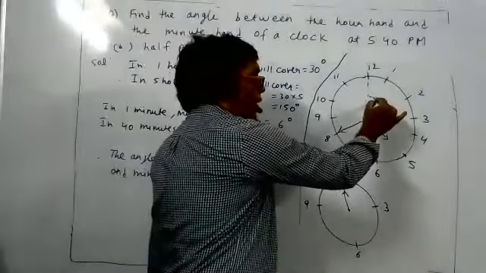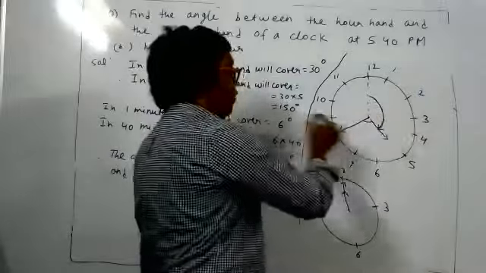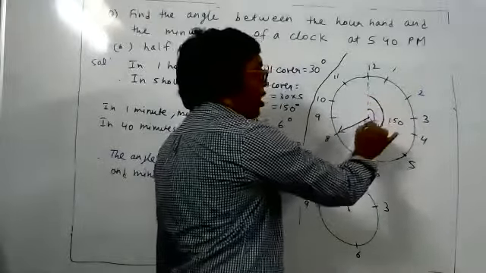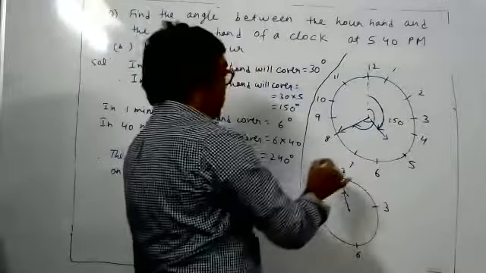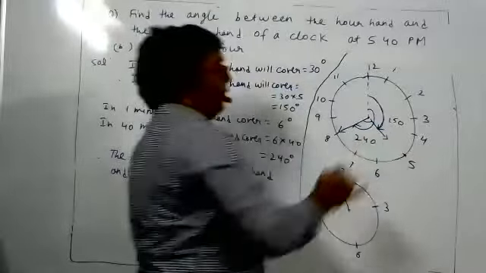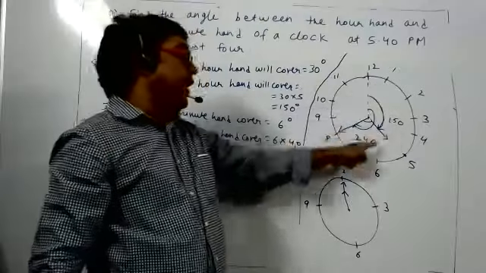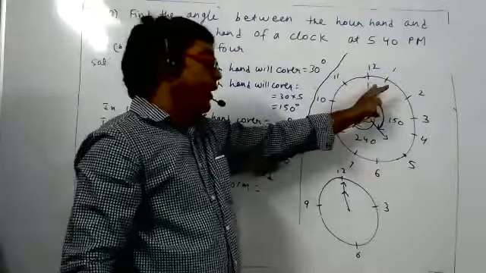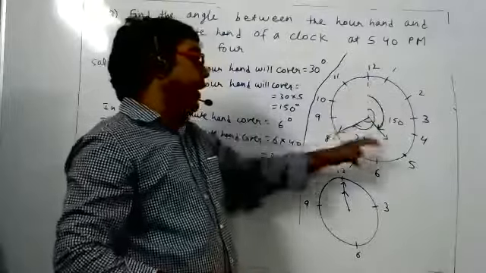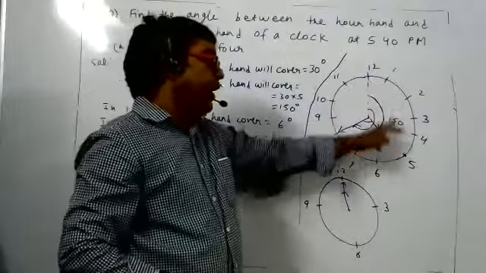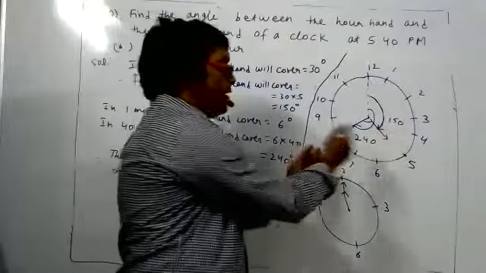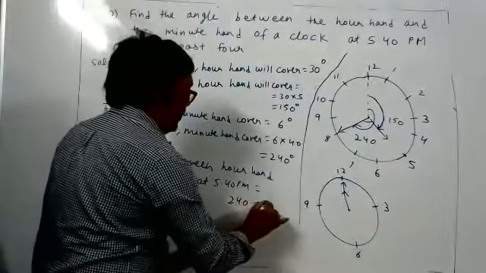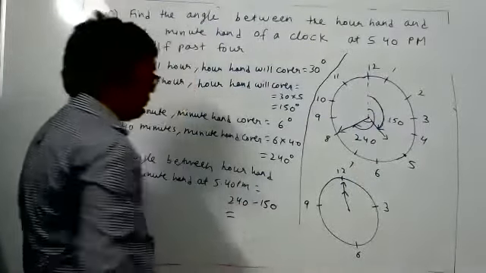This angle, we found in the first case, is 150 degrees. For the other hand, from 12, if you start for the minute hand, it is 240. For the hour hand, it is 150. So what is the angle between the hands? 240 minus 150, that is 90 degrees.